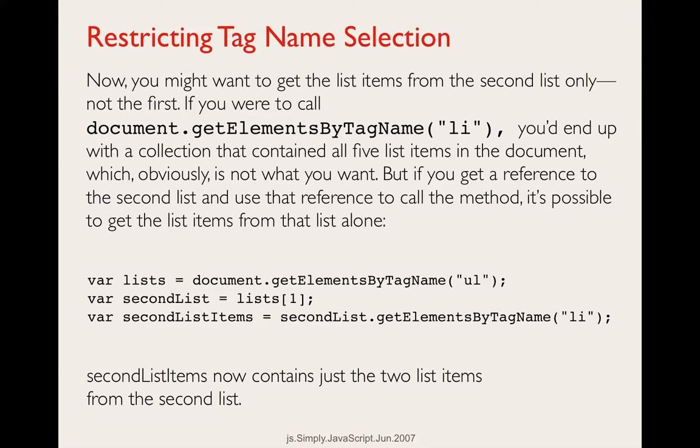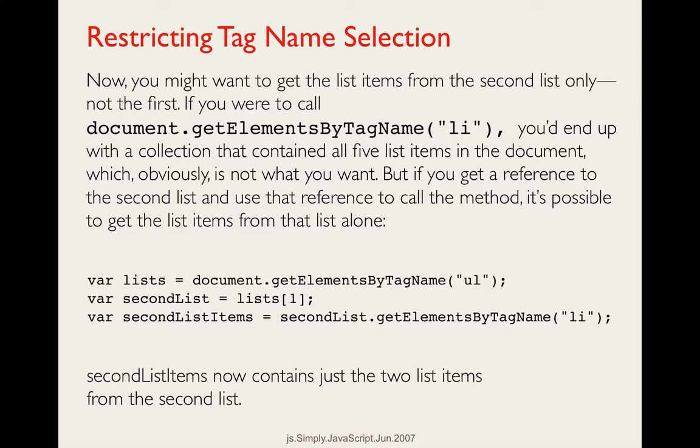But if you get a reference to the second list and use that reference to call the method, it's possible to get the list items from that list alone. So let's look at this. We have a variable named list, document.getElementsByTagName unordered list. Whoa, we've got 2 of those. And if we create a variable called second list, it takes the second UL out of that first list.